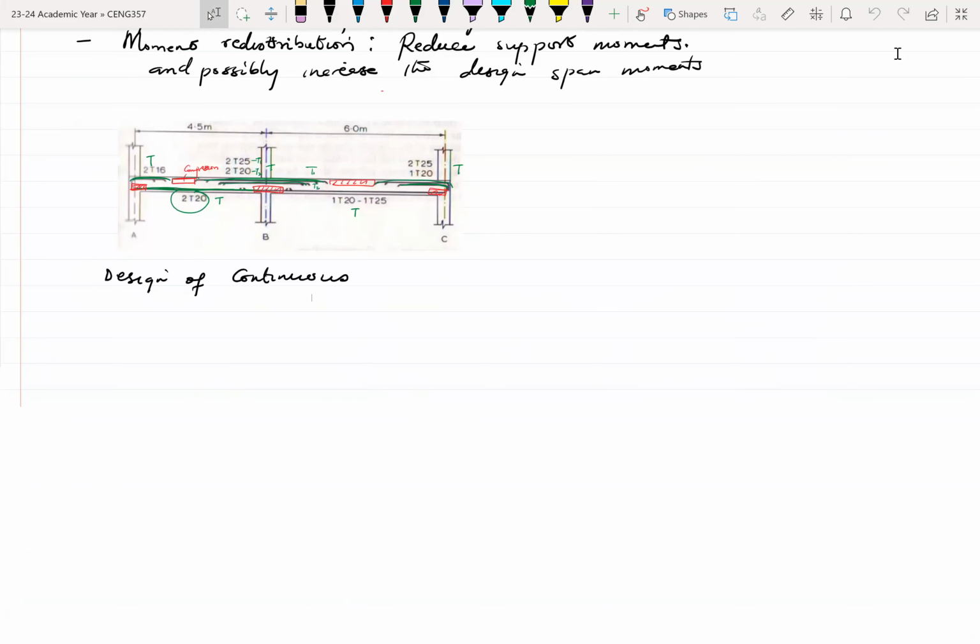Let's look at the much simpler process, because design in itself is repetitive. Normally, when you're doing design, the loads are usually uniformly distributed.